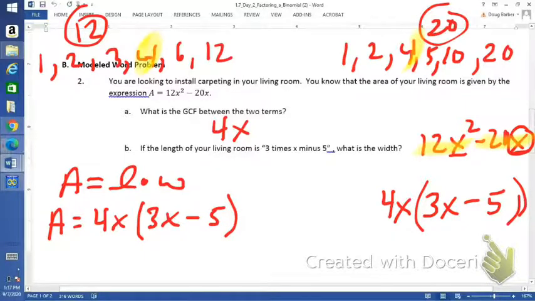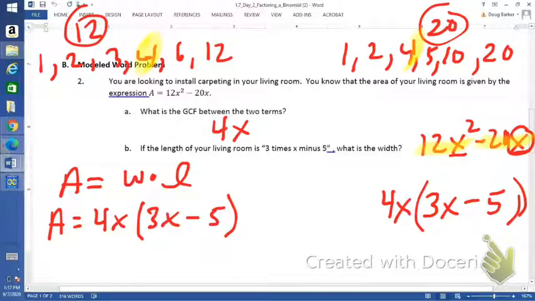Okay. Now, multiplication is commutative. So that means we can flip the order and the values remain the same. So instead of writing area equals length times width, I'm going to write area equals width times length. And why did I do this?